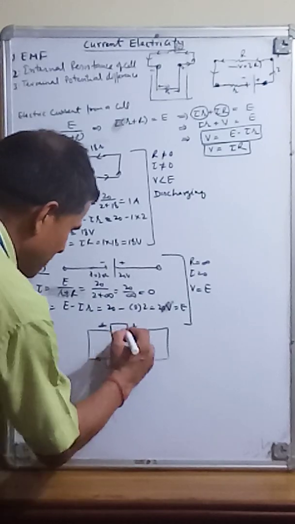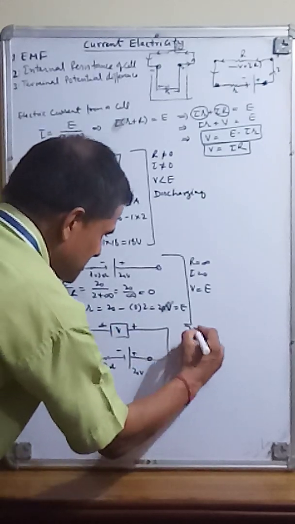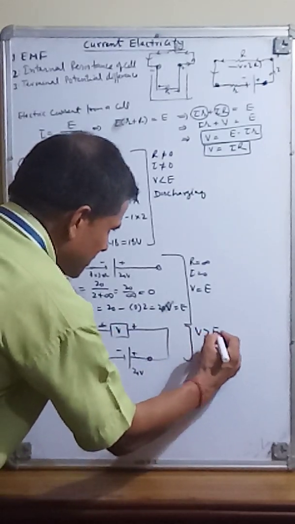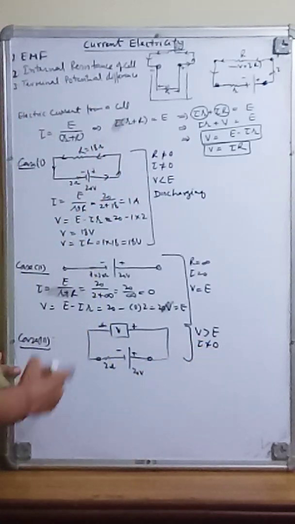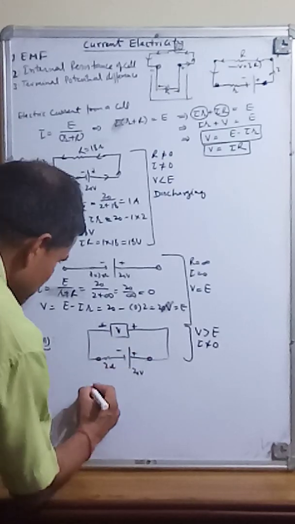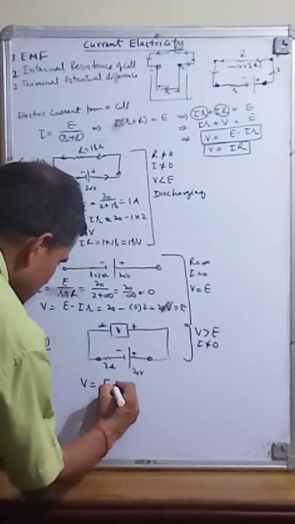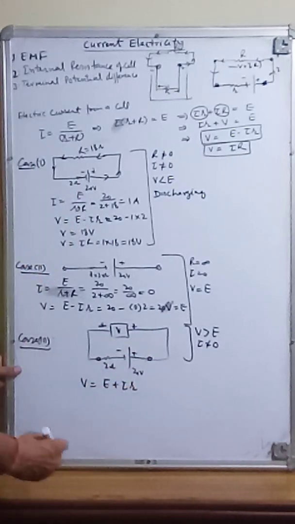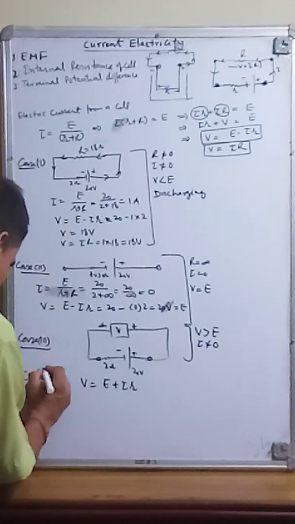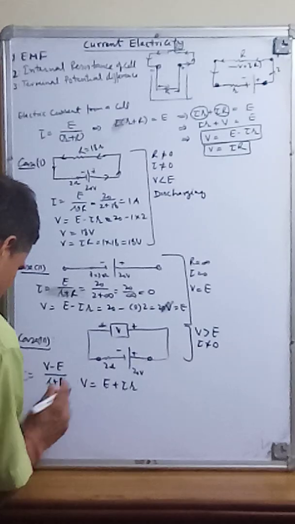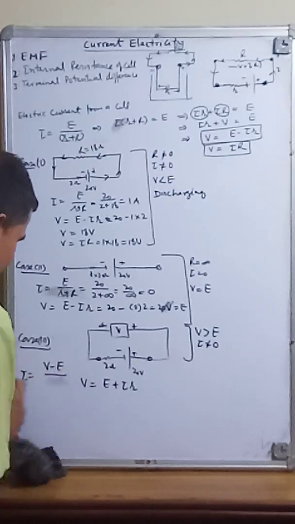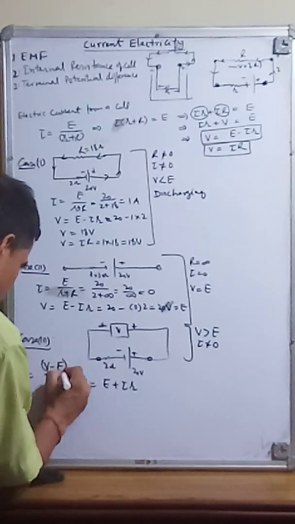Here V is greater than E, and again I is not 0. V is equal to E plus Ir, and the formula of the current will be V minus E upon R plus r.